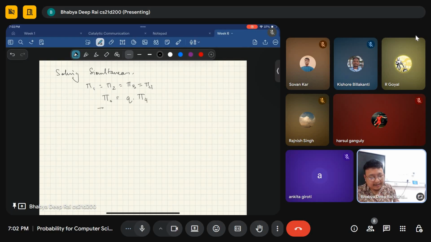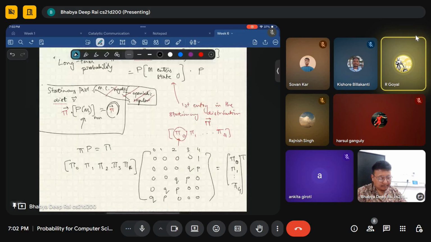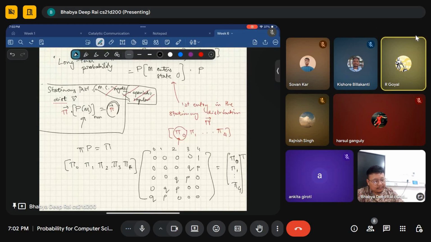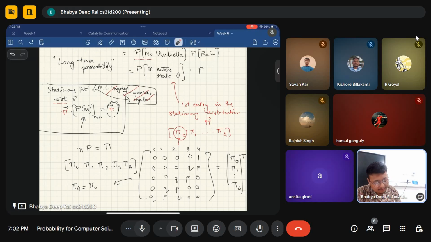That is not clear to me. Can you show the previous slide? How did we reach this point, and how did we construct this matrix? You make the simultaneous equations. So you get the first element as Q pi 0.